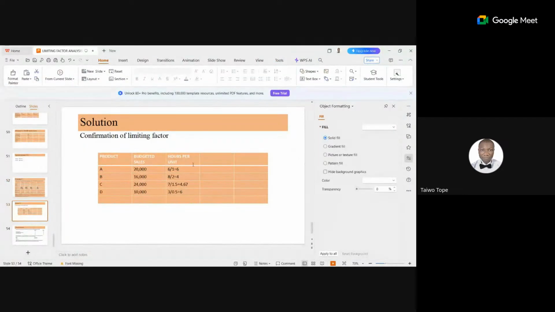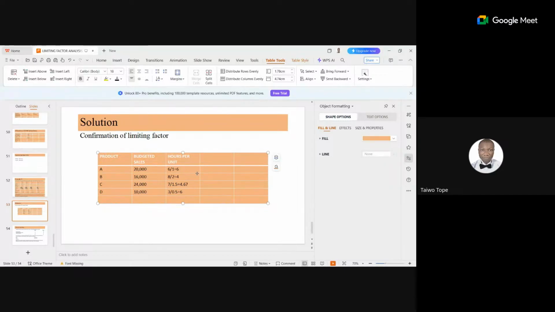Since we're trying to confirm our limiting factor and know the shortfall, that is why we are showing this working hours per unit. Now, what will be the total hours here? Total hours. At this point, we should have 120. 4 times 16,000 is 64,000.